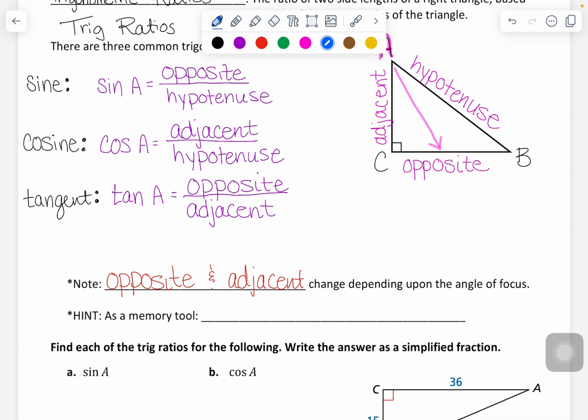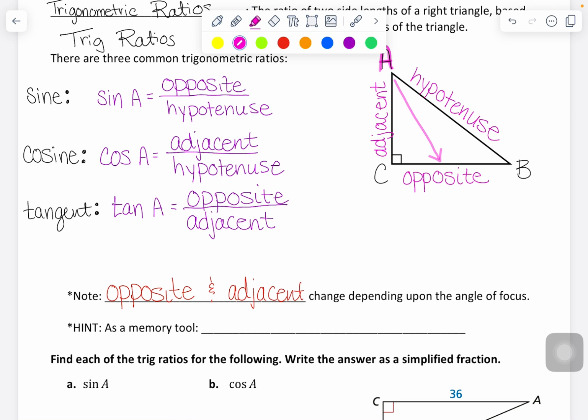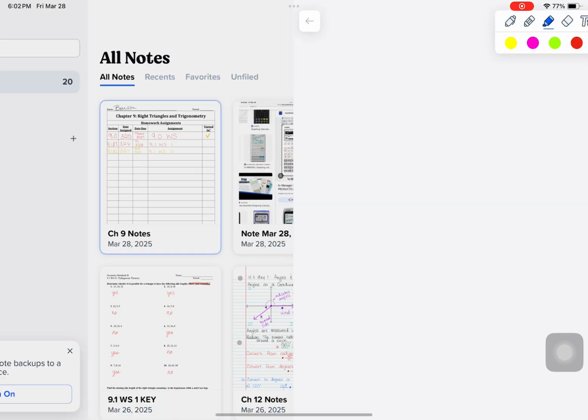For example, if I had focused instead on angle B, the opposite for angle A would be the adjacent. And the same is true the other way: the opposite of A is the adjacent to B.